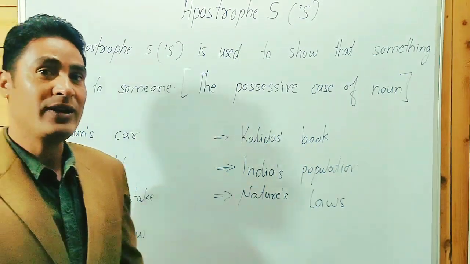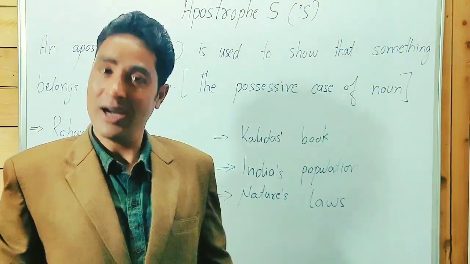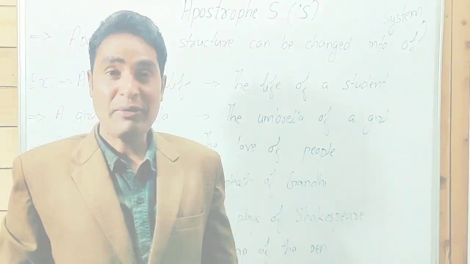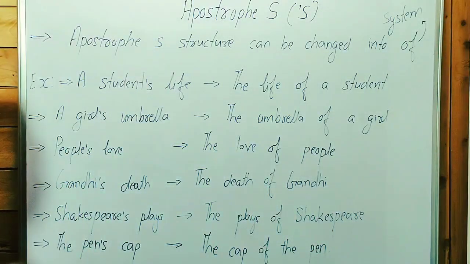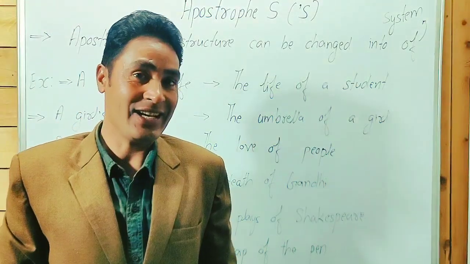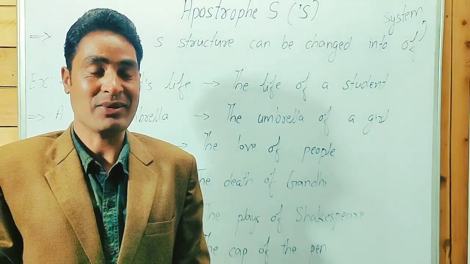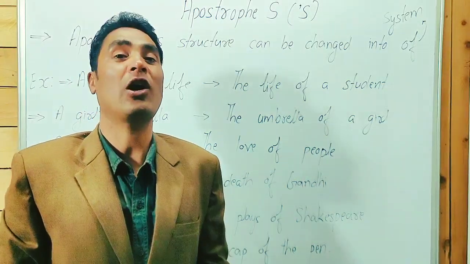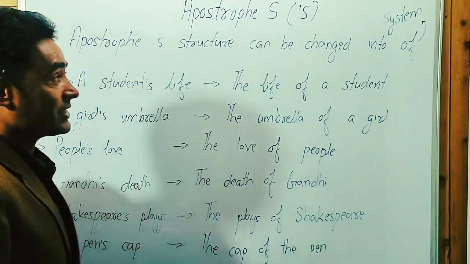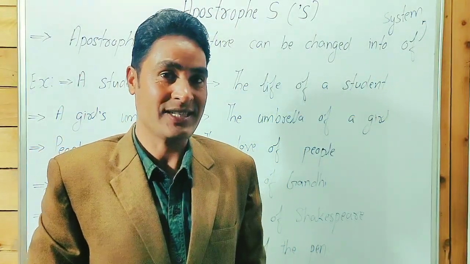Rahul's mistake, can we write the mistake of Rahul? How? Let's see in the next slide. Apostrophe s structure can be changed into the of structure. Guys, point to be noted, this is the first rule of apostrophe s.